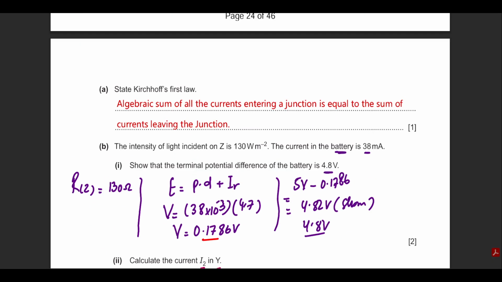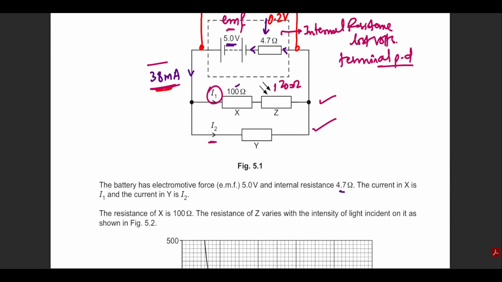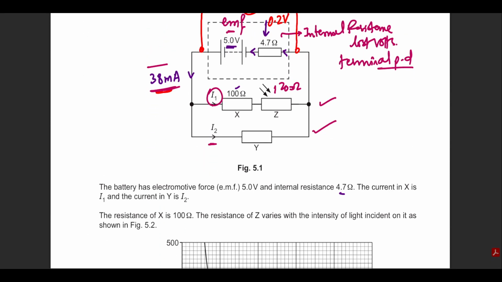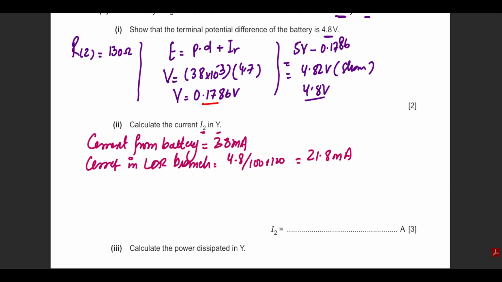Now the current coming from the battery is 38, and the current that's flowing into I1 is 21.8 milliamps. So from this took 21.8, so I2 will be the remaining current. That's the logic behind this.